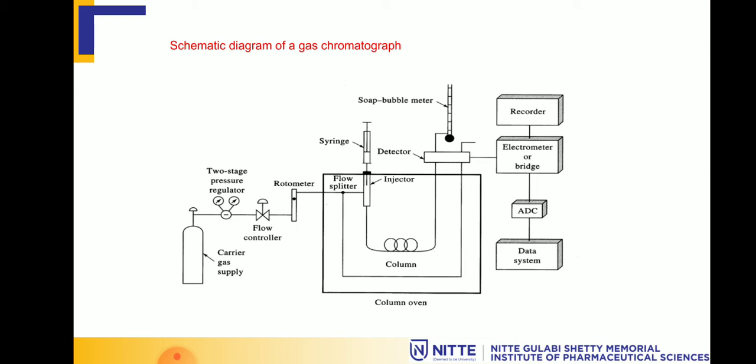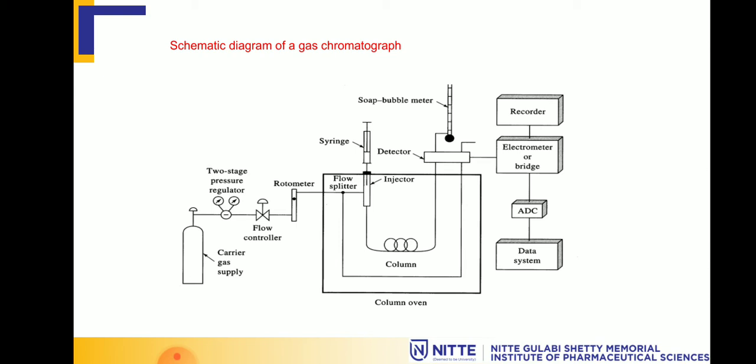WCOT stands for wall coated open tubular, and SCOT stands for support coated open tubular. These are the three different types of capillary or open tubular column, and the next one is the packed column.